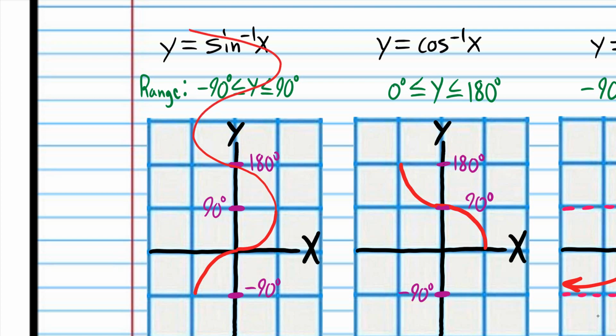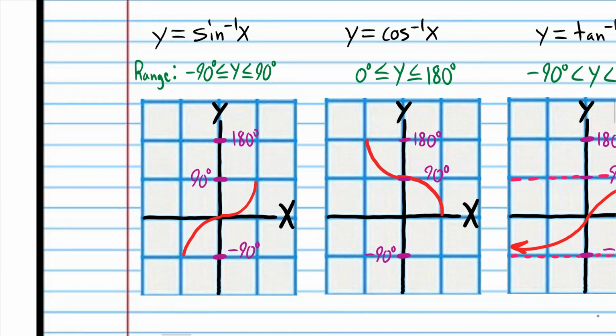But the problem is, if you put an input into the function, which would be a number on the x-axis, then you can see that we have multiple outputs. You're not allowed to have multiple outputs for a function, so we have to restrict the range, and we have to get rid of that part of the graph.